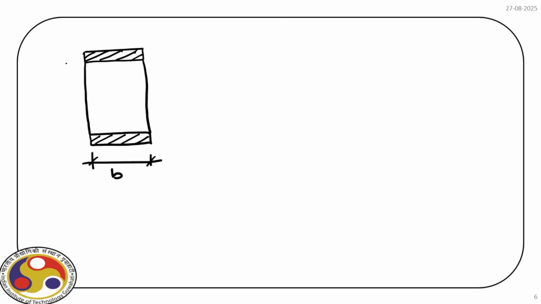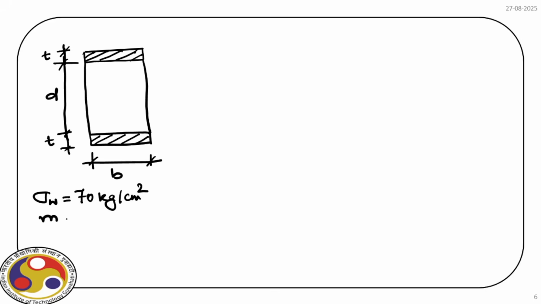So let us say we have this wooden beam and then we have a steel plate at the top and at the bottom, and for both of them the width is now B. The central part has a depth say D, and the thickness of the steel cover is say T. And again, for sigma W, the stress is 70 kg per centimeter square. Modular ratio M is 20.